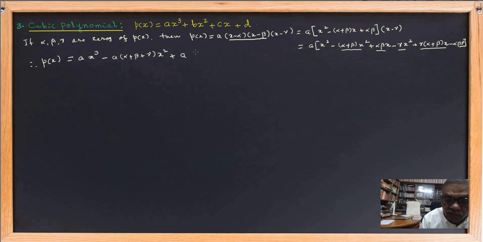plus a into the sum of the products of the zeros taken 2 at a time, alpha into beta plus alpha into gamma plus beta into gamma, into x, plus minus a into alpha beta gamma.